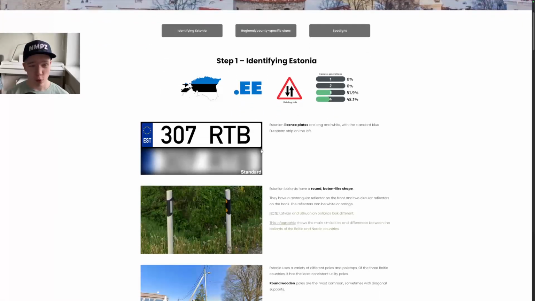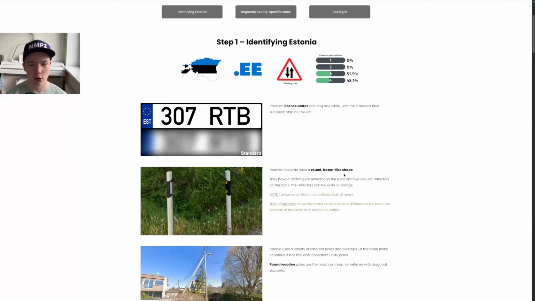As in most of the countries in this video, and also the Western Europe video, you can see the EU little strip here, the blue strip on the left. Some countries not, but in most of the countries you will always see it.